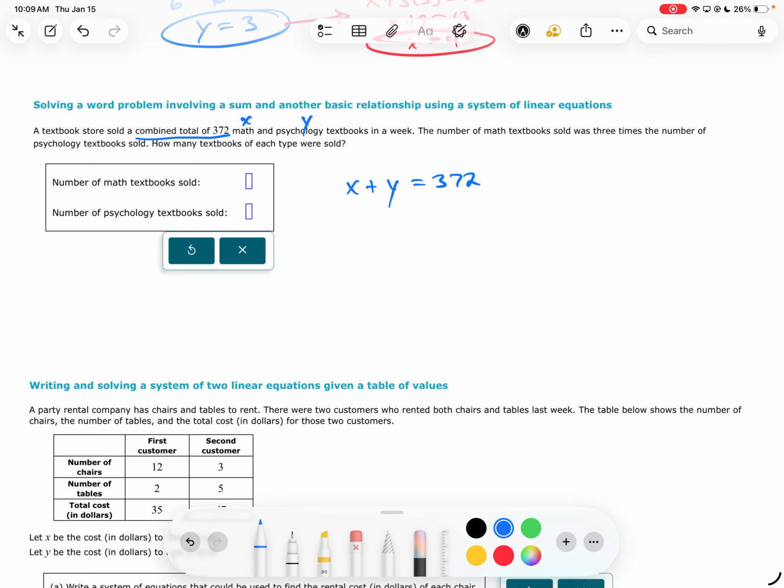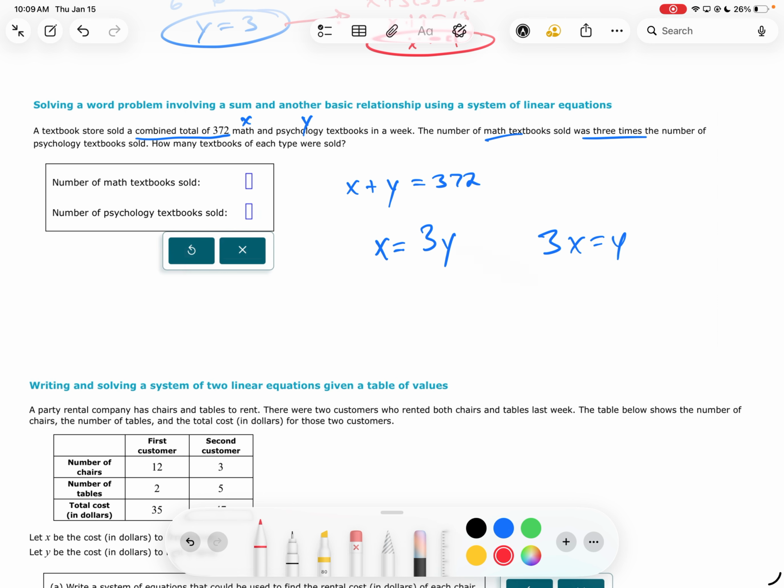Okay. The next thing would be the number of math was 3 times the number of psychology. I had to think about this in the first class for a second. So math is going to equal 3 times the number of psychology. It's kind of easy to see when you say math times 3, right? But take 2 seconds and think about it.